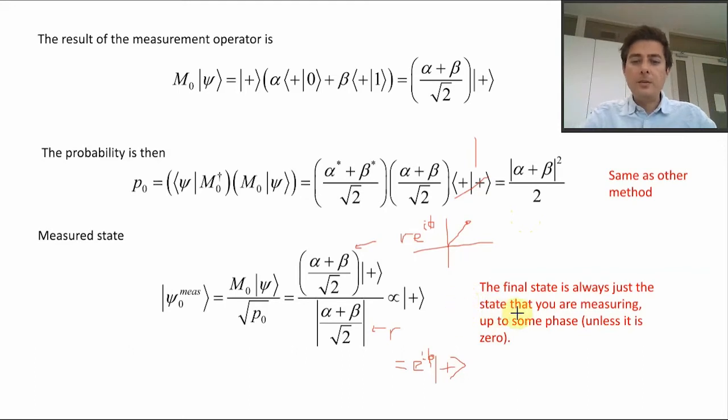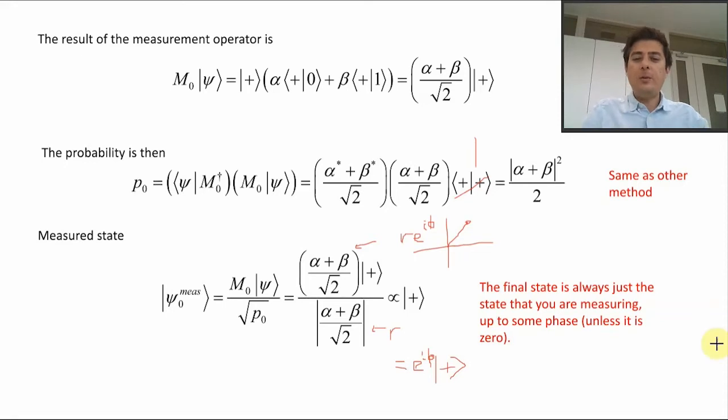By the way, in whatever we are going to do here, the final state is always just the state that you are measuring. It's kind of an obvious statement: I've got some quantum state, and I'm going to measure whether it's state A or state B, and say I find that it's state A, then of course the state that I get at the end is state A, right?